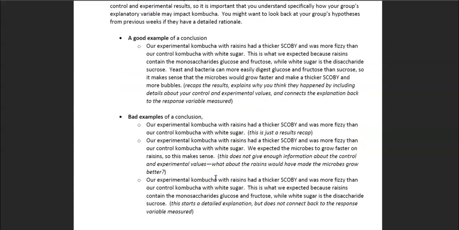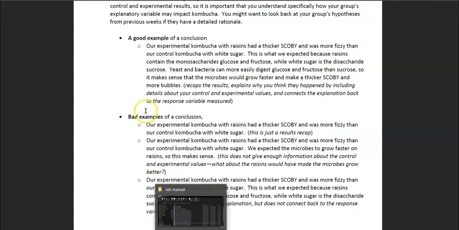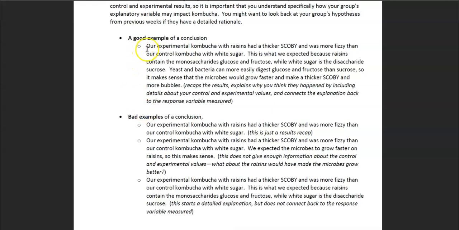So for person D, there's both a good and bad example of conclusion. You want yours to be like the good example, okay? So the good example of conclusion tells, here is what happened. That matches with what we expected, or if it didn't, you could say that does not match with what we expected, whatever. And then you have the explanation, okay?